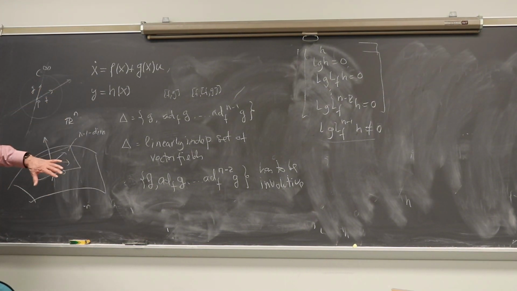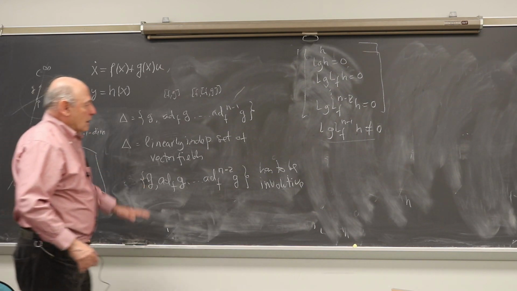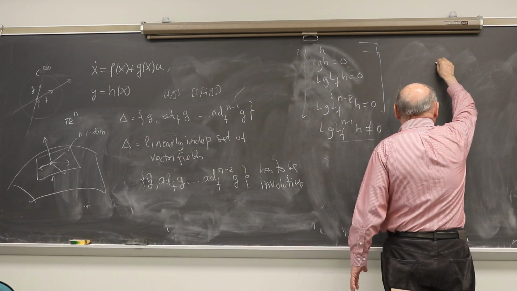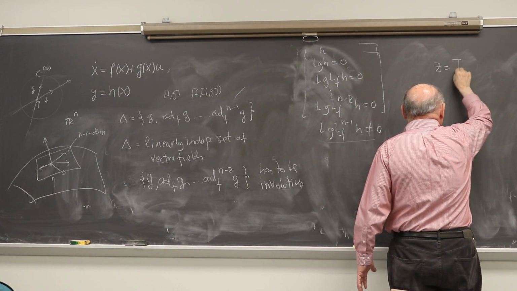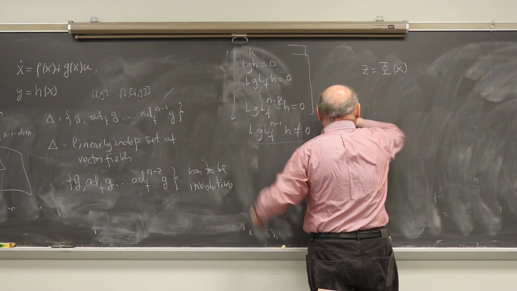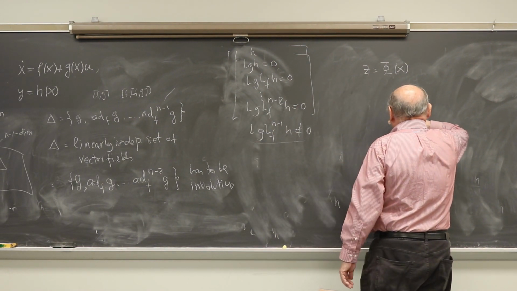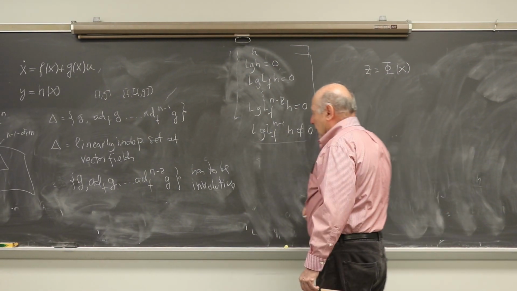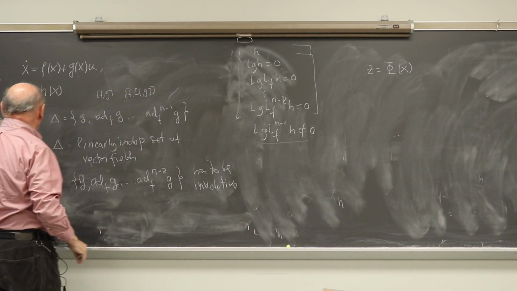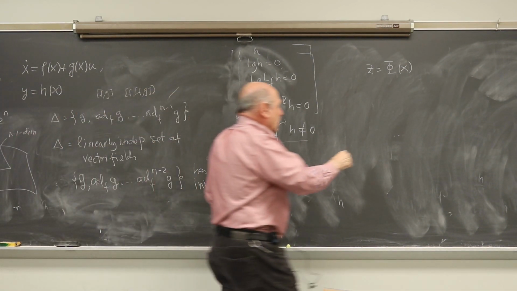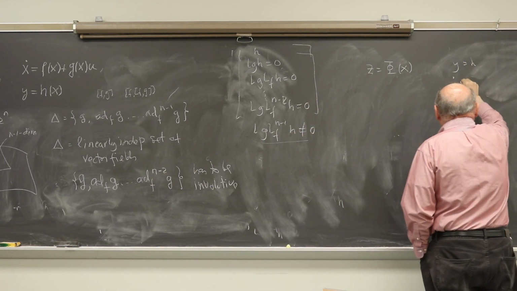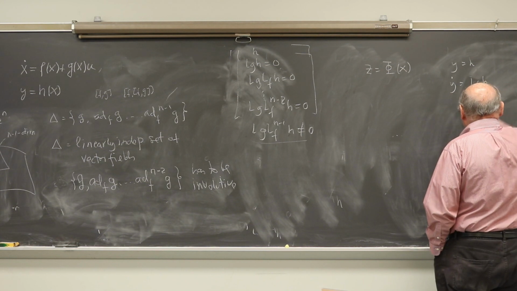So those sets of equations are very natural to define an input coordinate transformation, and that transformation will be diffeomorphic, because all the gradients of these functions will be independent. So this is what we need. Remember that the derivatives of H now have LFH.